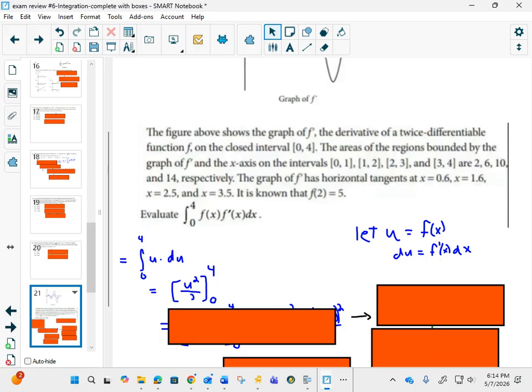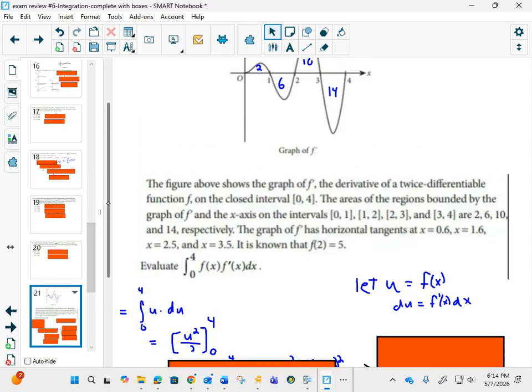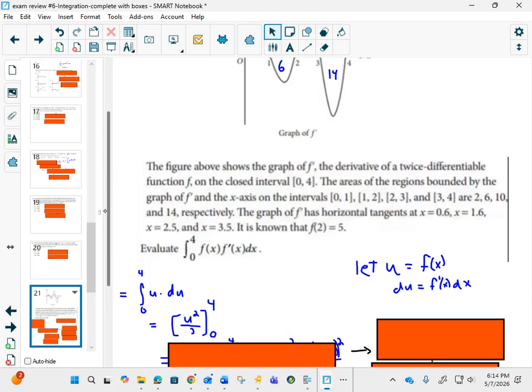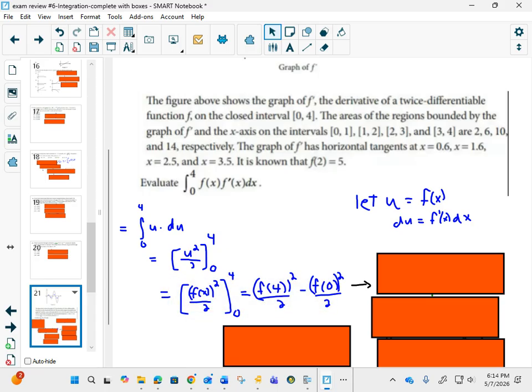This is wrong. What did I do? I didn't change the bounds. Technically, I should have just done this, because I don't know how to change the bounds, and then this balance.